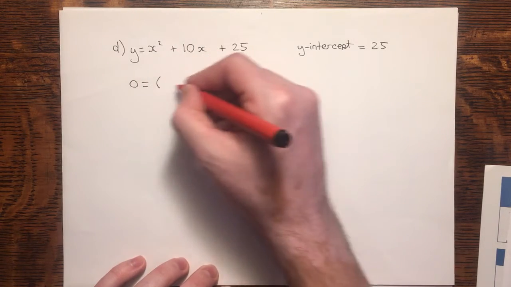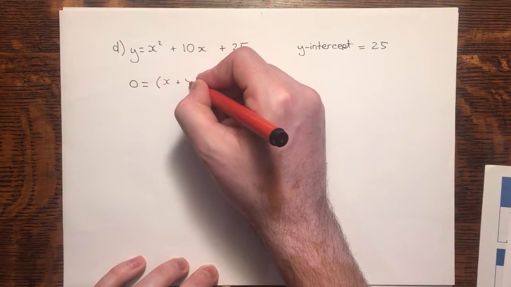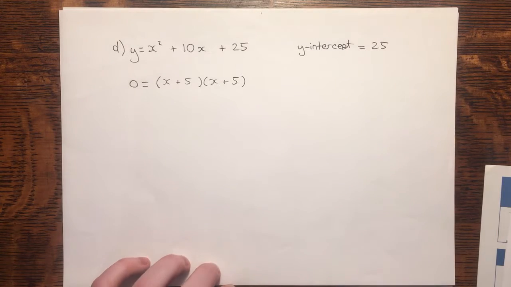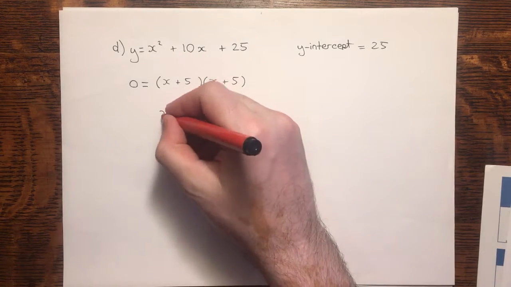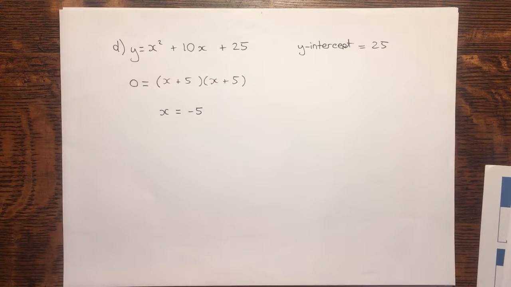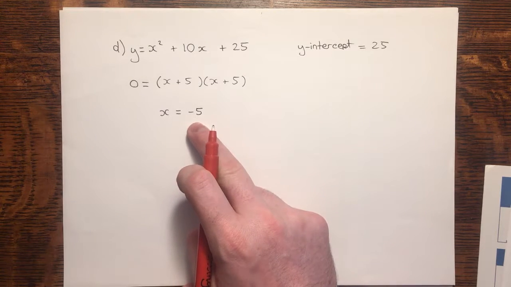In order to find the x-intercepts, I need to make this equal to 0, and I need to factorise it. Now, once I've factorised it, I can see that this is going to give me a repeated root of x equals minus 5. This means that it will intersect with the x-axis at minus 5, but not cross it, just touch it.